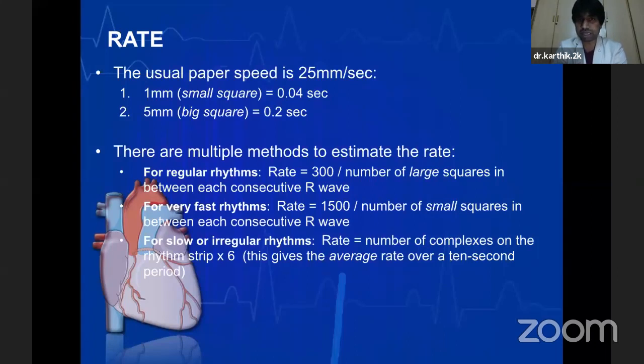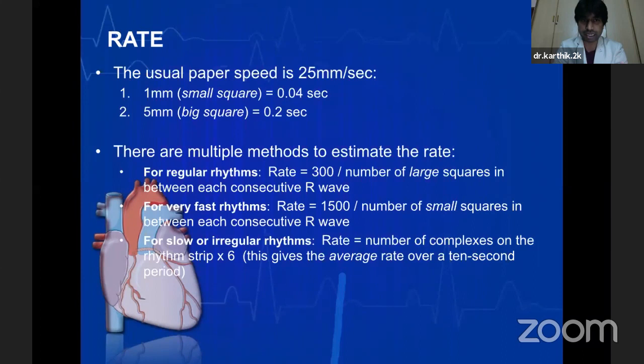Each millimeter represents a duration of 0.04 seconds, which is 40 milliseconds, and a 5 millimeter big square represents 200 milliseconds or 0.2 seconds. Now with this data, we can calculate the rate of the heart.